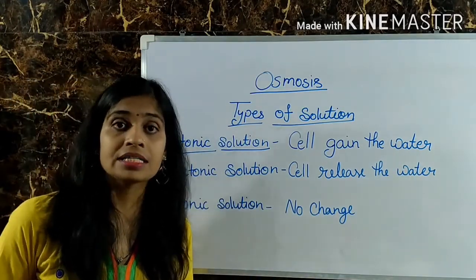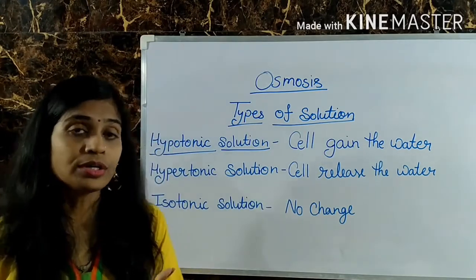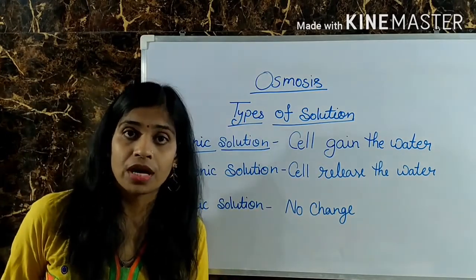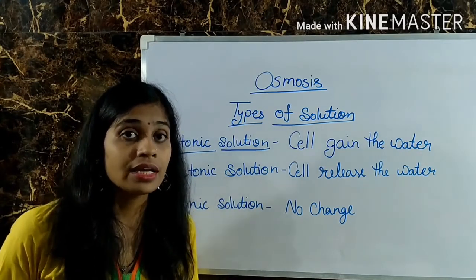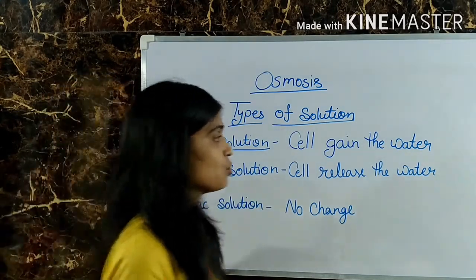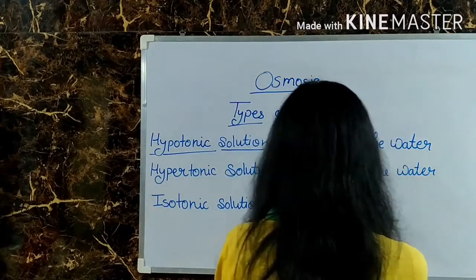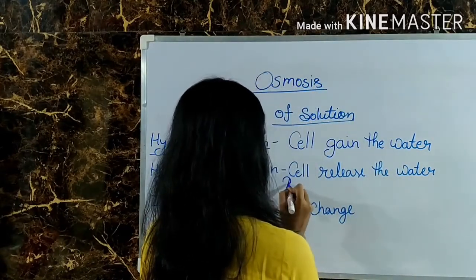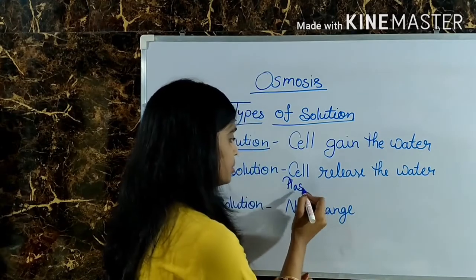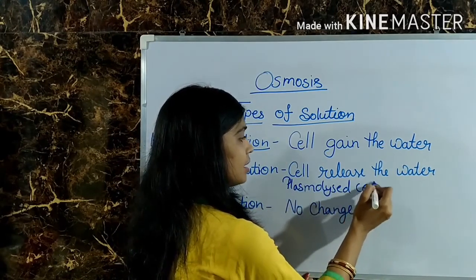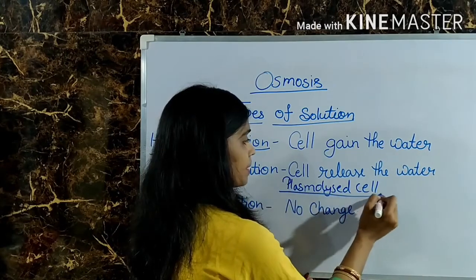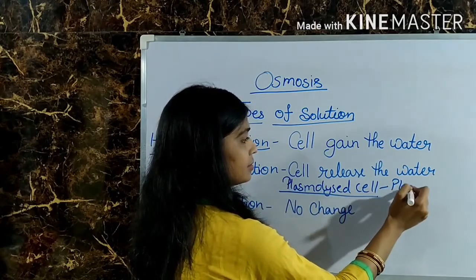And in a plant cell, when the water is released from the plant cell and moves outward and the cell shrinks, then the cell is called a plasmolysed cell in plant cells.